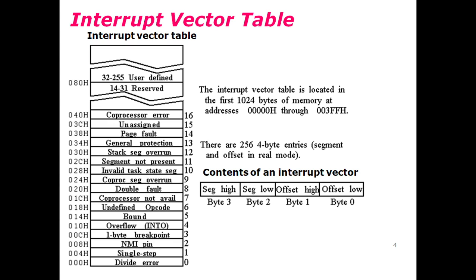Okay, so here is the structure of the contents of an interrupt vector. An interrupt vector is 4 bytes of data, and in these 4 bytes, byte 0 and byte 1 hold the 2 bytes which are the new content of the instruction pointer, or the offset of the interrupt service procedure.